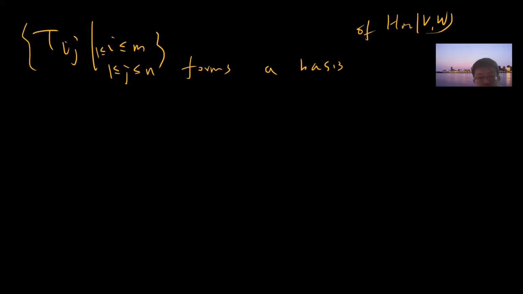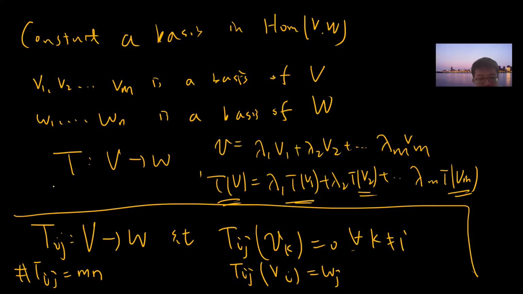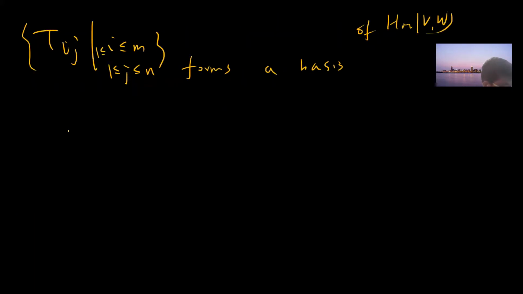Remember that we will use this fact. Let's take S belonging to Hom(V, W), which is a linear map.